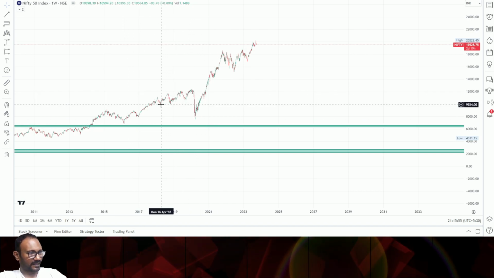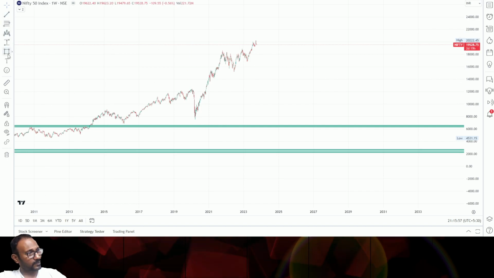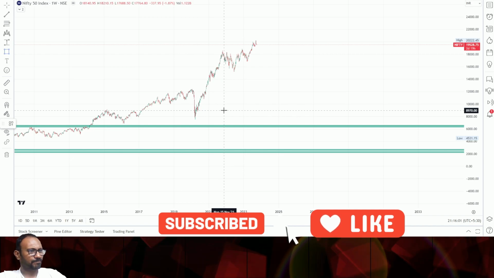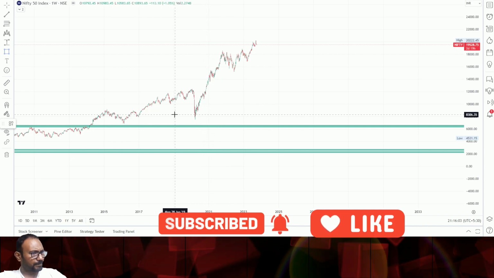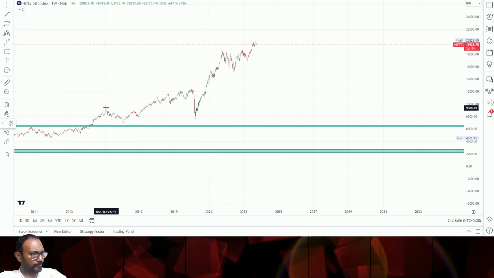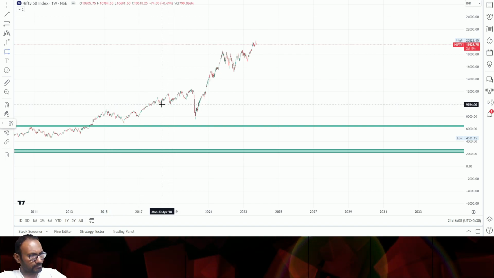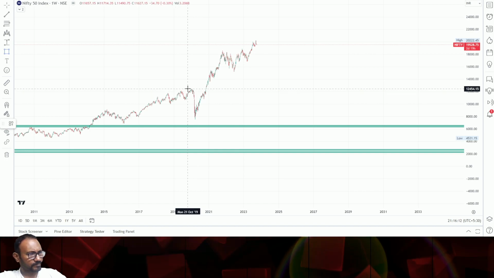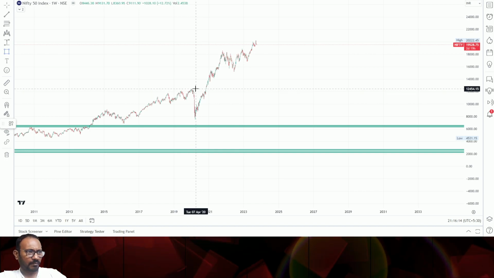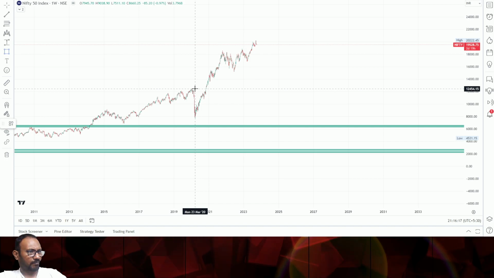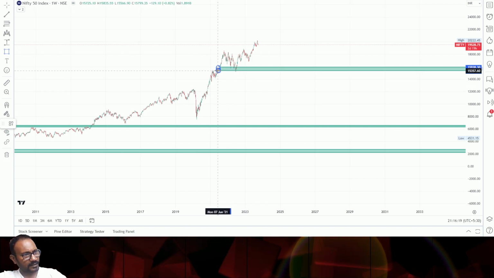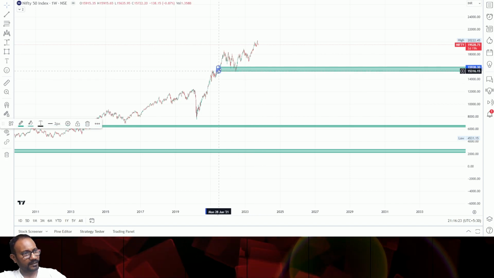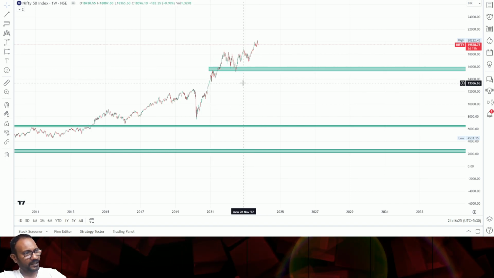So maybe if I wanted to see where the institutions are looking at re-entering after this, maybe this is another zone in which the institutions are getting in, because you see why I drew this.